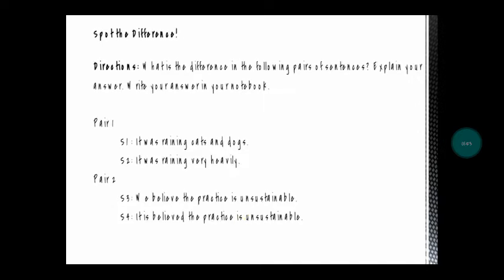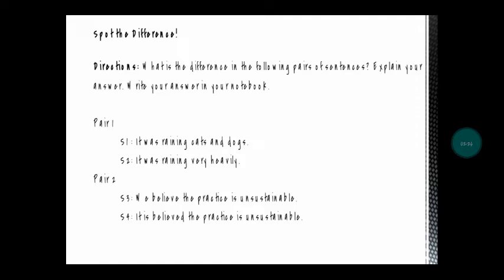So let's spot the difference. The directions: what is the difference in the following pairs of sentences? Then explain your answer. Write your answer in your notebook. Pair 1: sentence number 1, it was raining cats and dogs. And sentence number 2, it was raining very heavily. So what is the difference between these two sentences? Next, pair number 2.